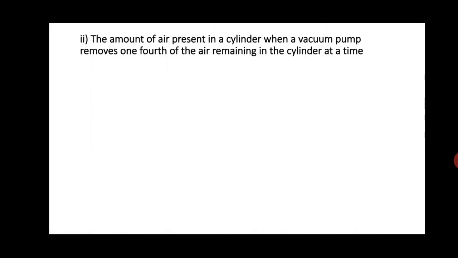Next question. The amount of air present in a cylinder when a vacuum pump removes 1/4 of the air remaining in the cylinder at a time. Does this form an AP? Yes.